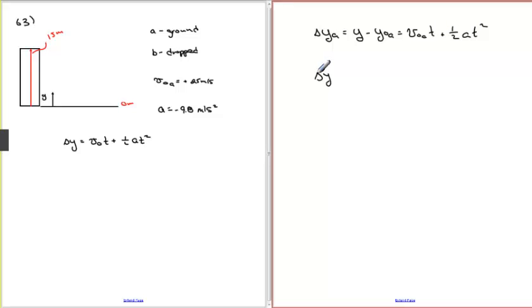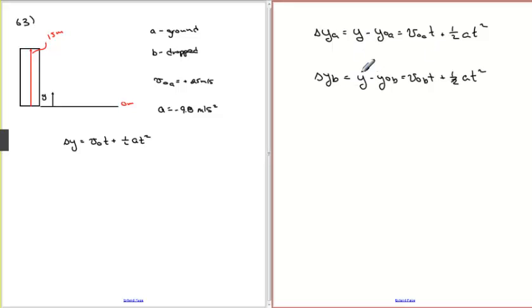And delta y sub b, which is the dropped one, is y minus y0b, which is equal to v0b t plus 1/2 a t squared.